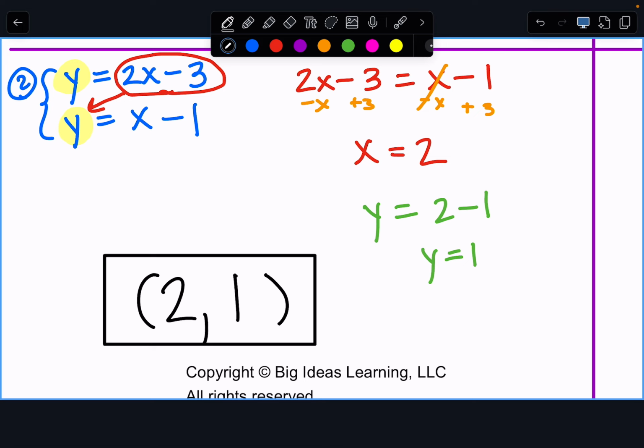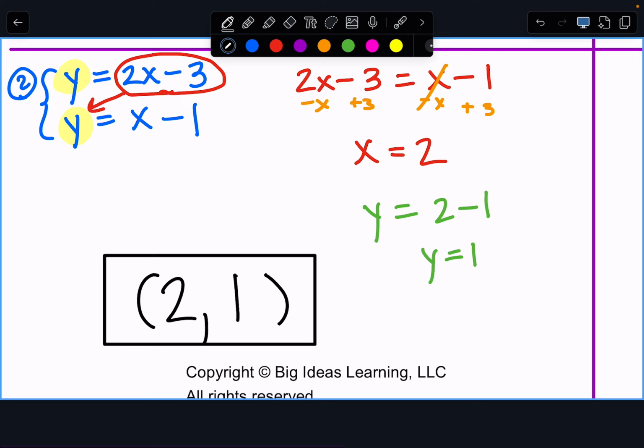What does that mean? It's the intersection point of both lines. Okay. This is the intersection point of these two lines up here.